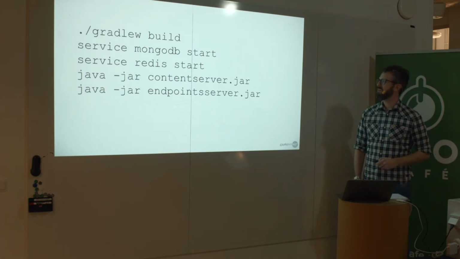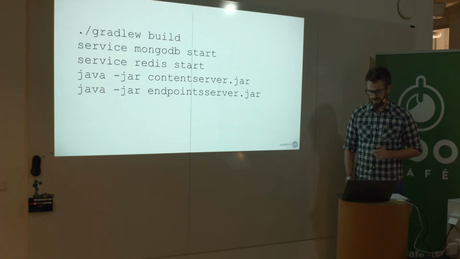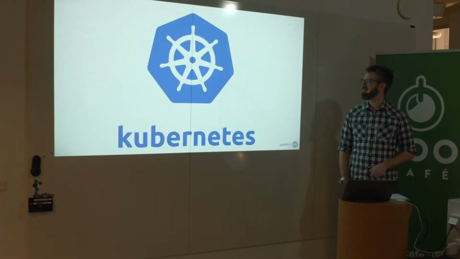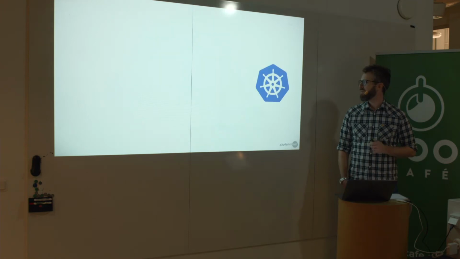This will not be enough for the cloud. So how do we do this in the cloud? We have selected to go for something called Kubernetes. And Kubernetes is an open source solution supported by many cloud vendors, so that sounds like a good way to go.